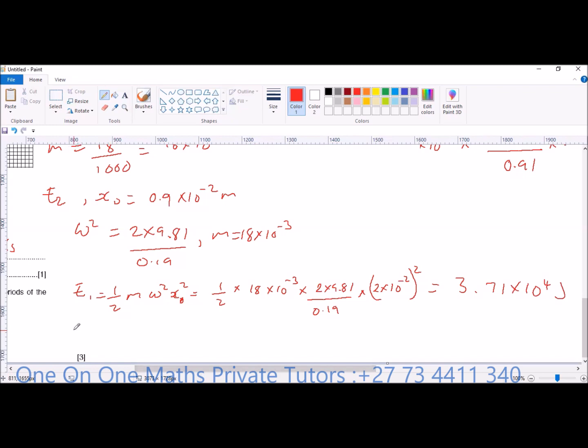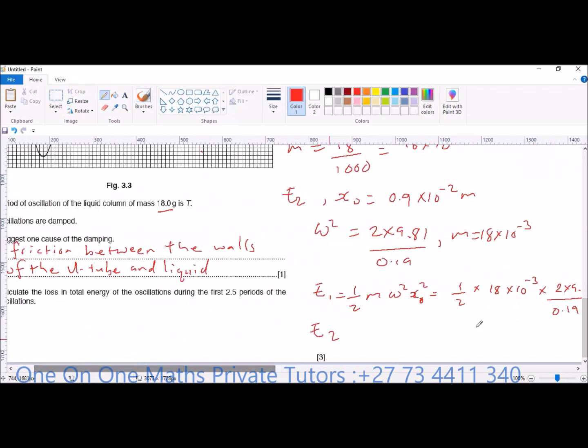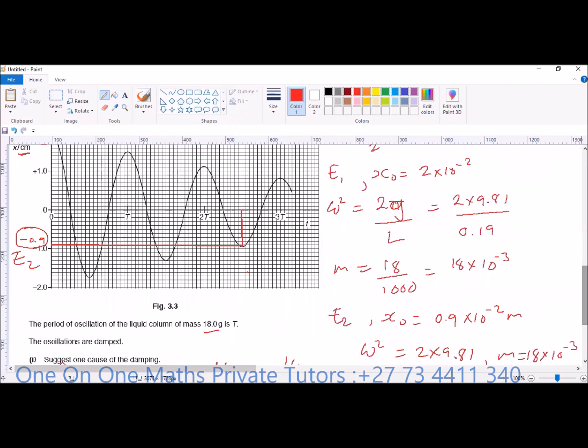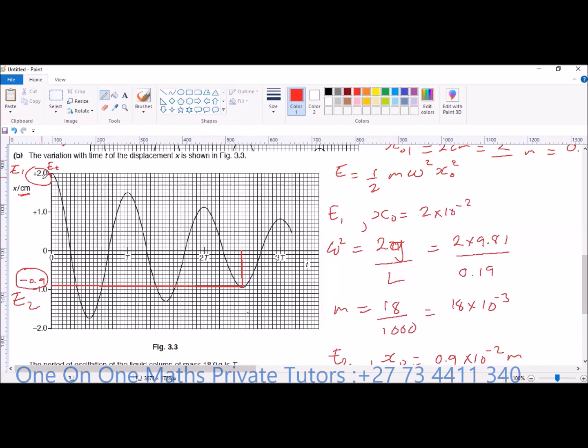All right. Now let's go on to calculate E2, which is the energy here. So E1 is the energy there. That's why we're using 2 centimeters. So for the energy here, we use minus 0.9. All right.